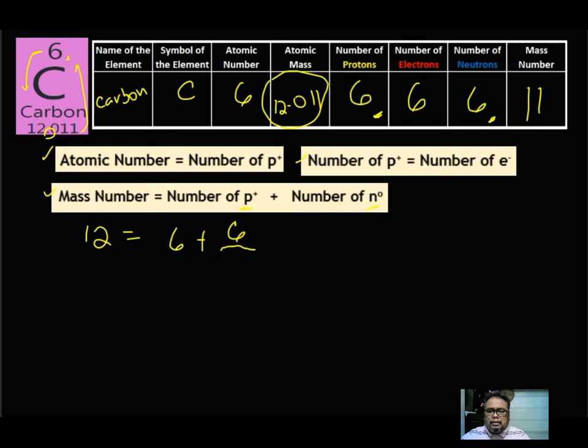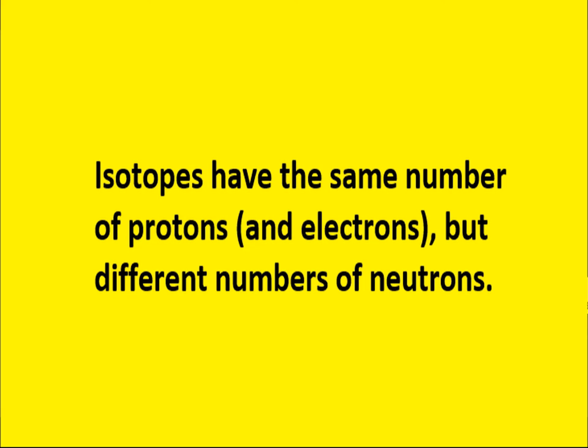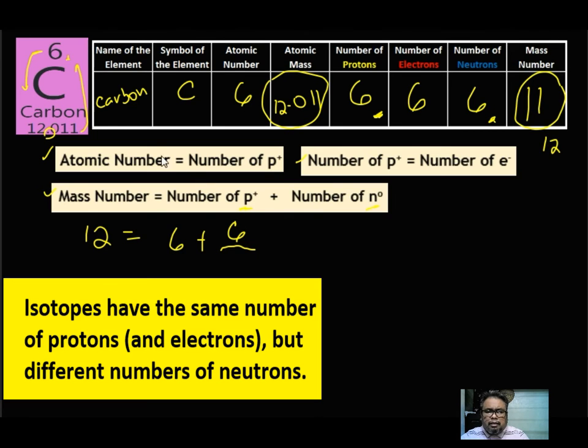Because when you add protons with neutrons, the answer should be 12. But it's only 11 now. Okay? Now, this is what we call an isotope. Okay? An isotope has the same number of protons but a different number of neutrons. So, it means it is still carbon, but the number of its neutrons is different.